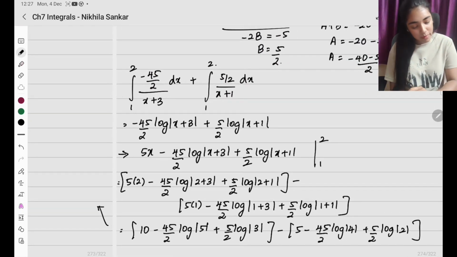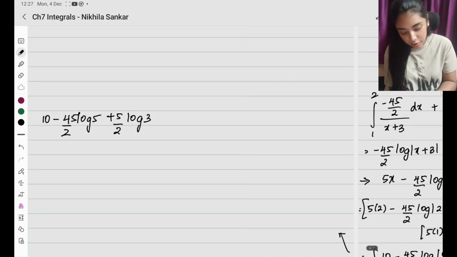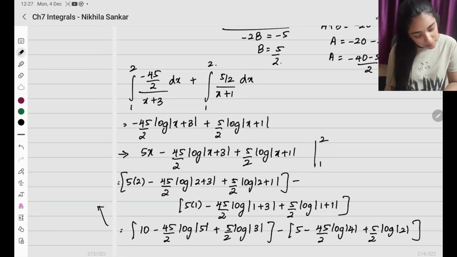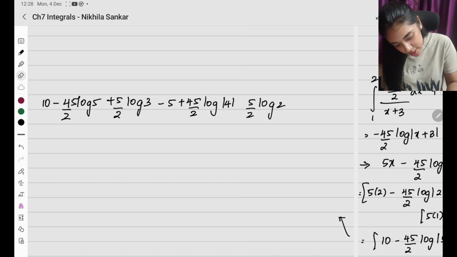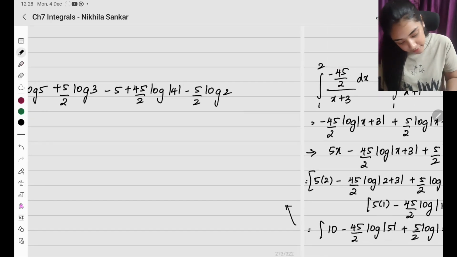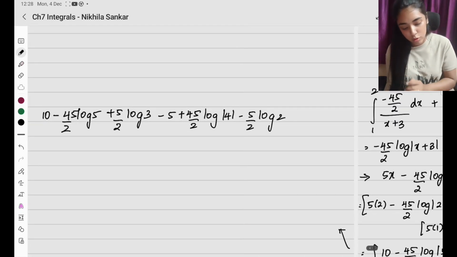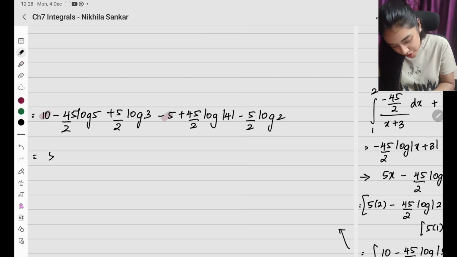Now when I open the bracket, there is a minus, so multiplying, minus 5 plus 45 by 2 log mod 4 minus 5 by 2 log 2. The plus becomes a minus when I multiply it inside. Okay. Plus 45 by 2 log mod 4, and 5 by 2 log 2 becomes minus 5 by 2 log 2. So when I simplify, 10 minus 5 is going to give me 5.